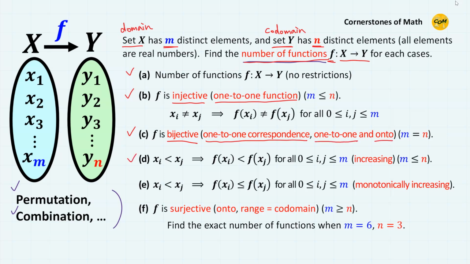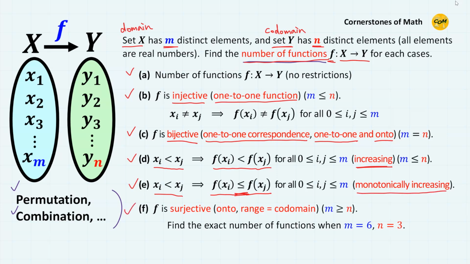For the next problem, we have the condition that if xj is greater than xi, then f(xj) is greater than f(xi), which implies an increasing function. The next problem is similar, but now if xj is greater than xi, then f(xj) is greater than or equal to f(xi), which means a monotonically increasing function.